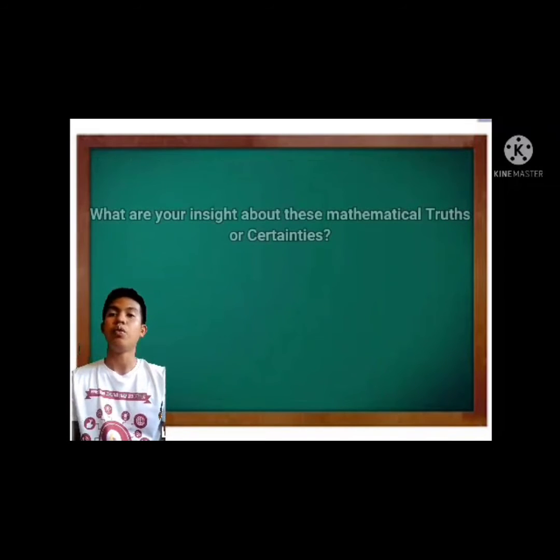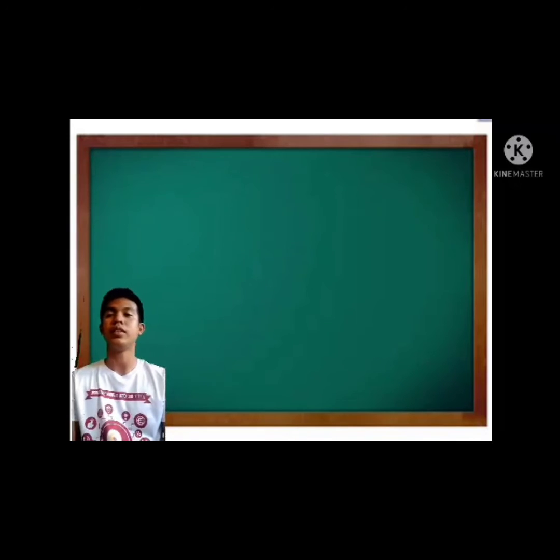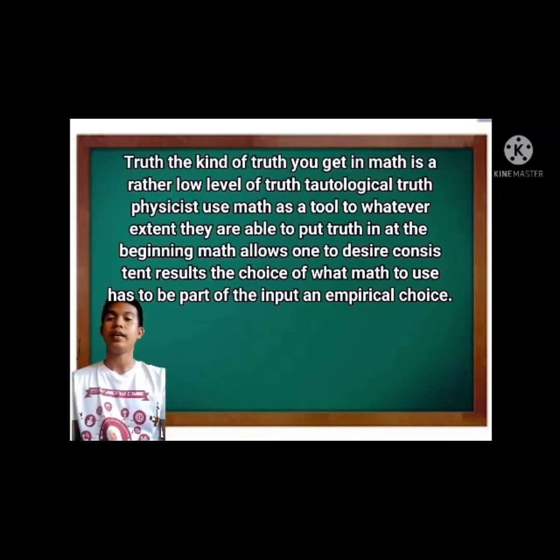The last question is, what is your insight about mathematical truths or certainties? Certainly, something that definitely happened. Victory is now a mathematical certainty. Synonyms and related words: something that is certain or likely to happen. And the kind of truth you get in math is a rather low-level, tautological truth.